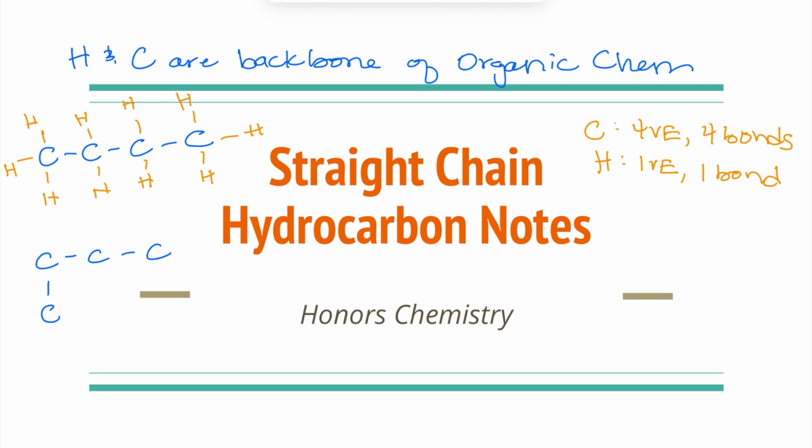We've looked at some of these at the very beginning when we were drawing covalent compounds, but we didn't really use the correct naming that follows organic chemistry naming. So that's what we're going to start to look at in these notes.